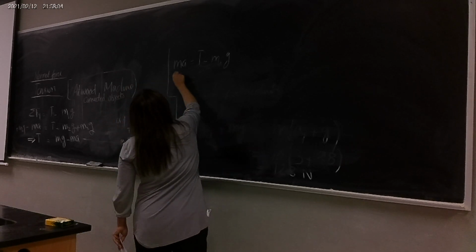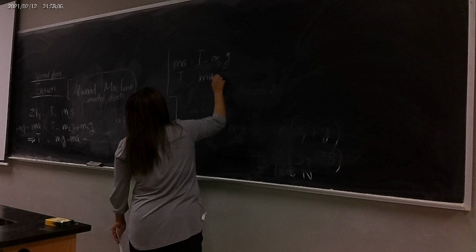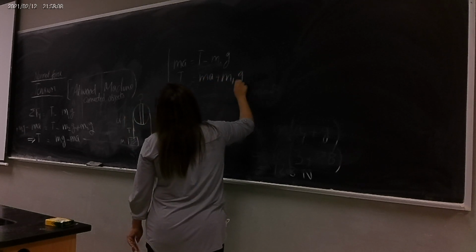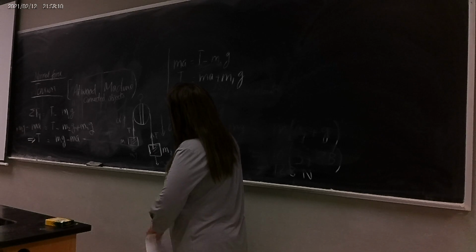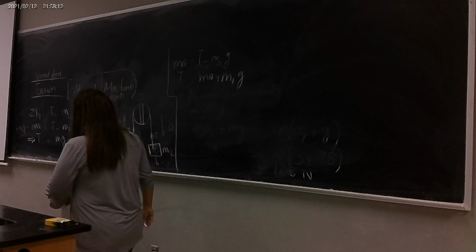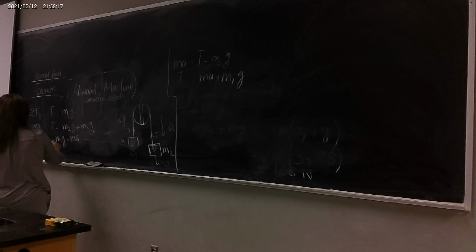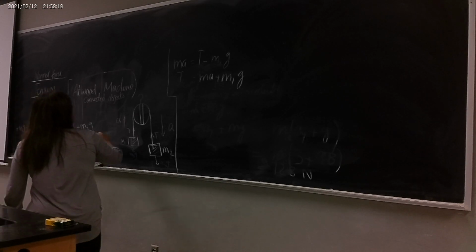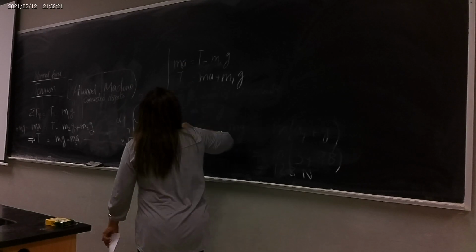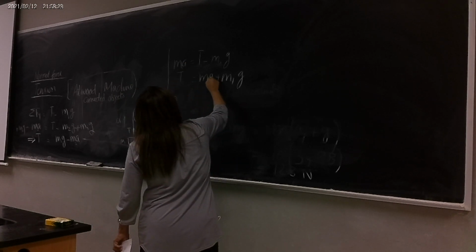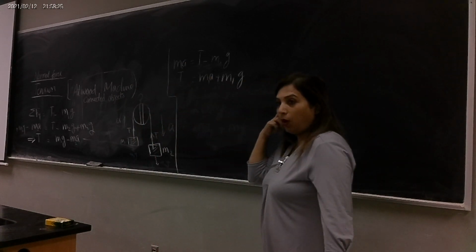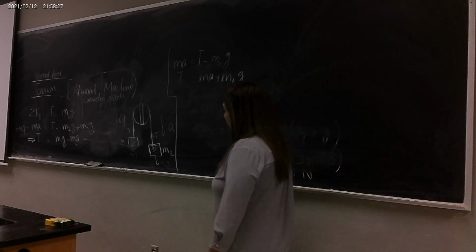So T will be equal to M1A plus M1G. By the way, I think I didn't put the M2 here. It should be M2 here as well. Here it's M1A, because we are only talking about a single mass at a time.